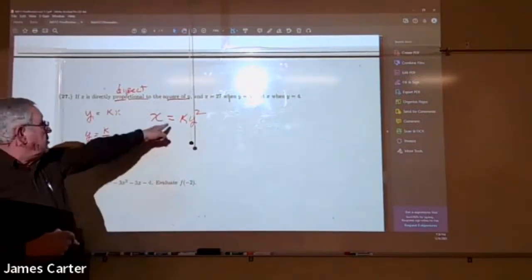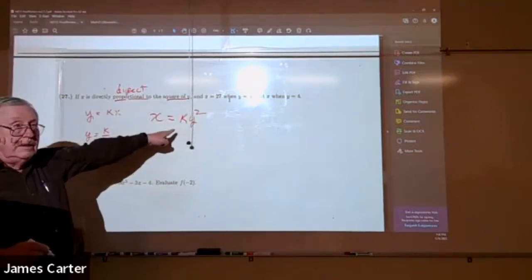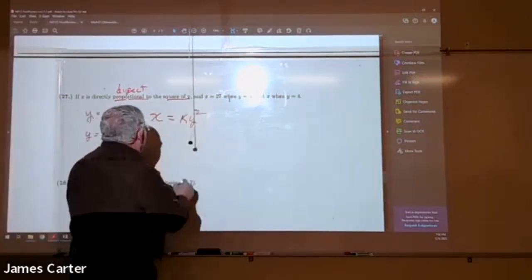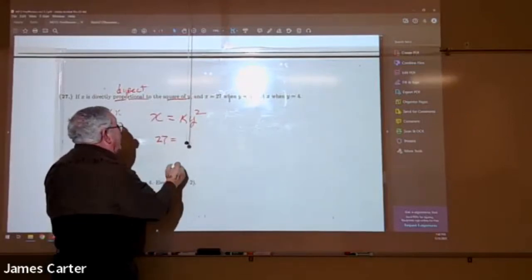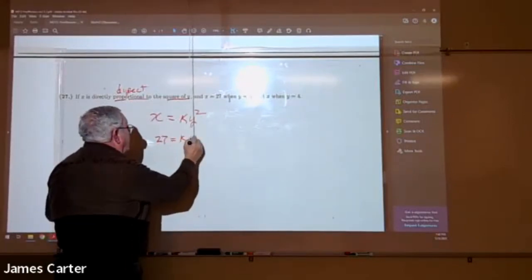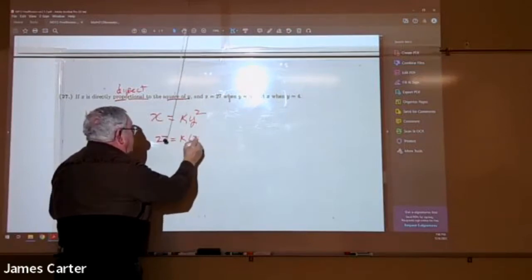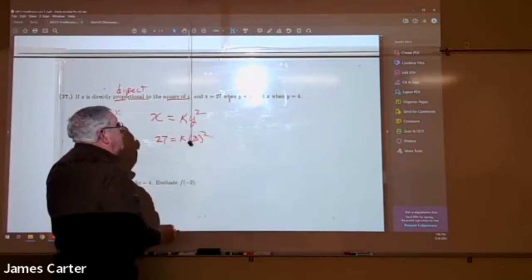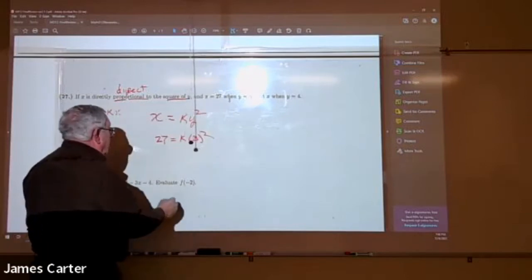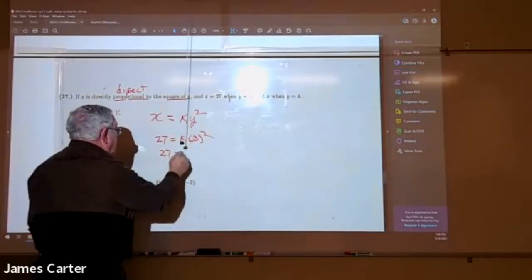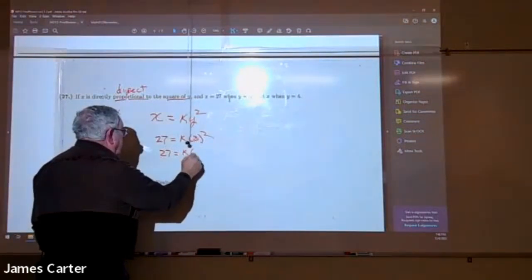Now, let's solve for k. If x is 27 and y is 3, we find k. So 27 equals k times 9.